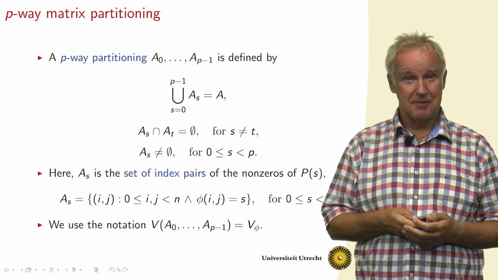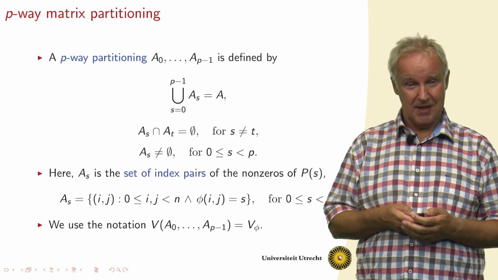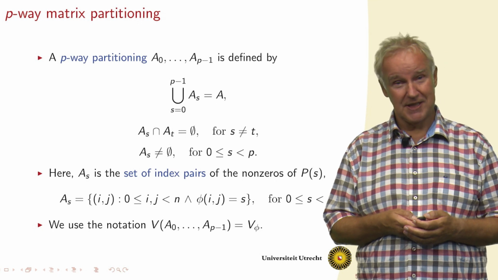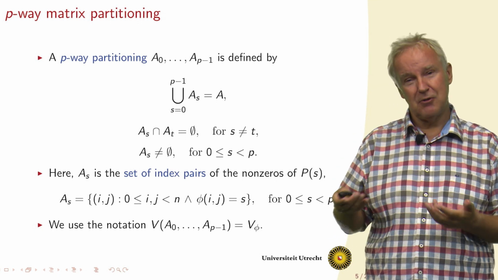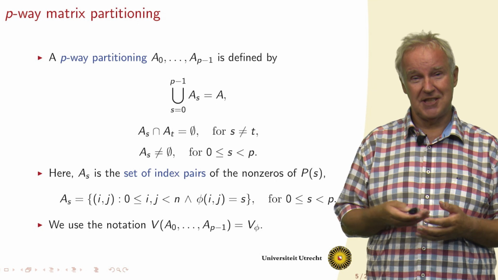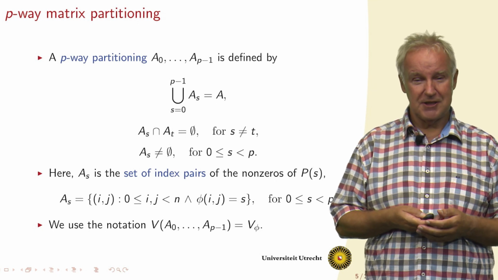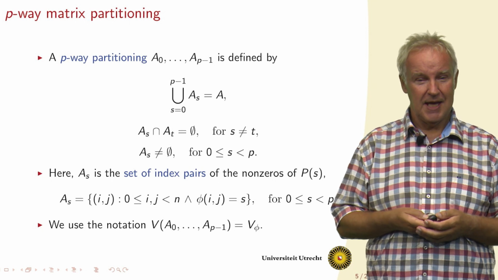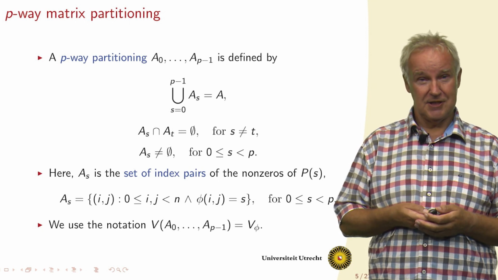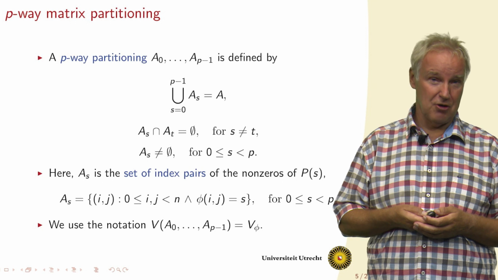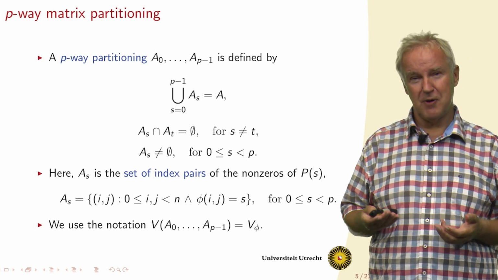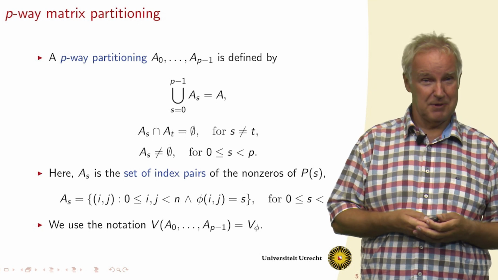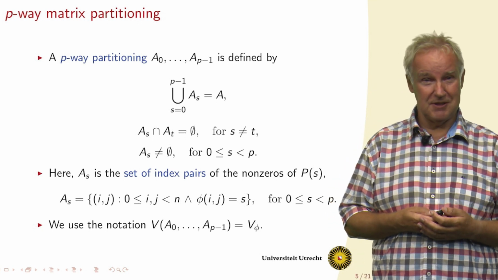A p-way matrix partitioning is a division of the matrix into sets, and we look actually at just the sets of non-zeros, so that the union of all sets A_s equals A, and that the sets are disjoint and non-empty. The non-emptiness, we won't be very strict in this, but this is if we want to define a p-way partitioning, otherwise the number p doesn't have a meaning.